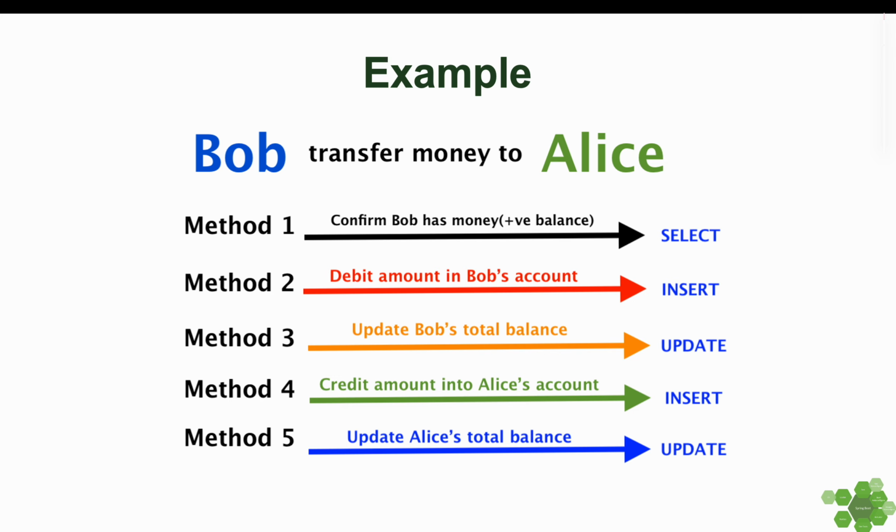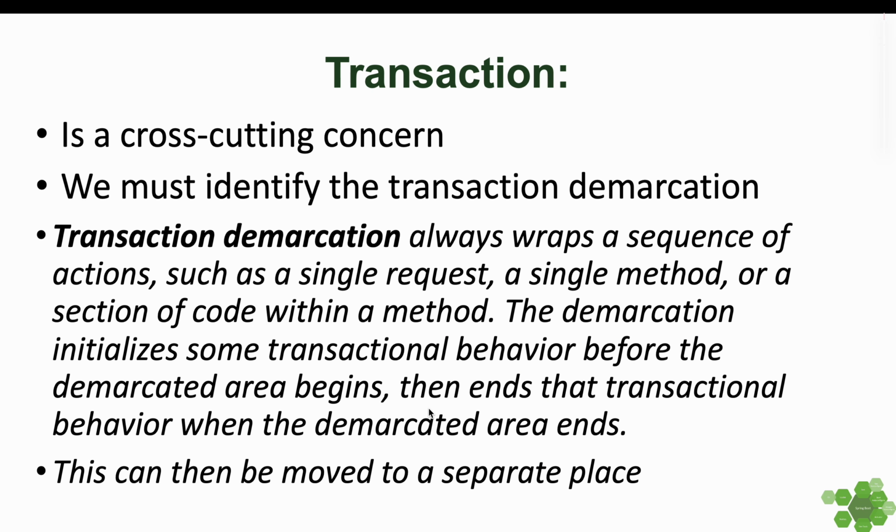And with aspect-oriented programming, we want what we call separation of concerns. We want to take that part of code that is repeating itself across your application and put it in its own separate location, and then just inject it where it's required.